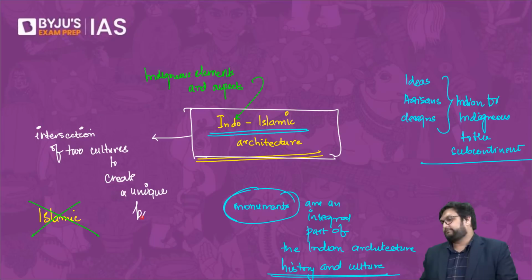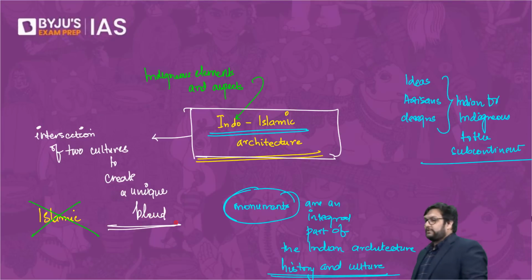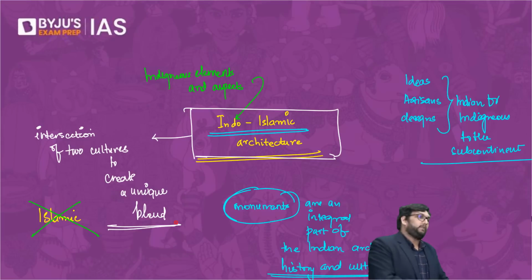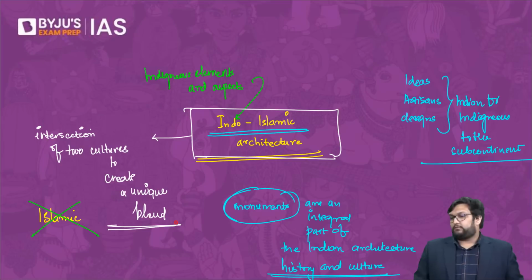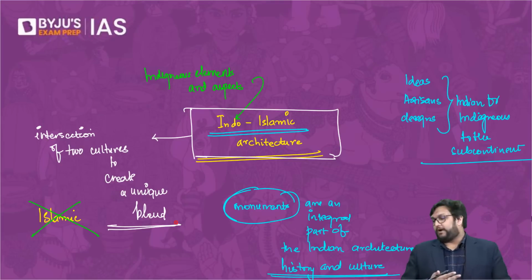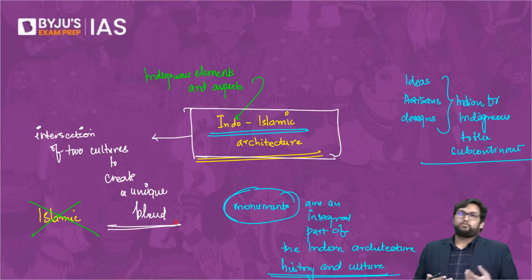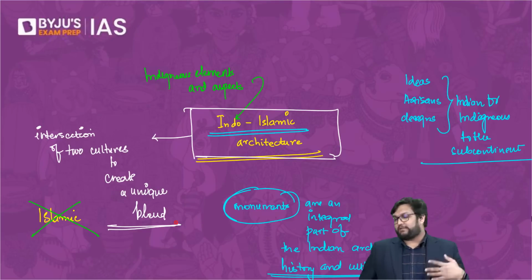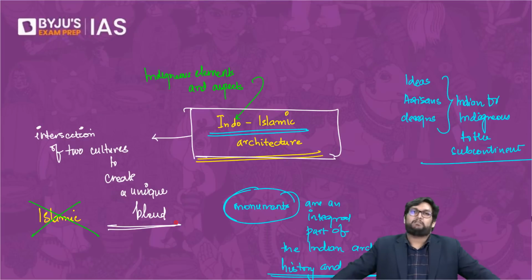A unique blend. This should be totally clear in your mind, because some of you have either myths or notions or ideas which have been picked up from popular imagination. So, if you, for example, call Humayun's tomb or Taj Mahal or the Qutub Minar as an othering, as a representation of someone else's culture, you are basically falling into the trap of the British communalistic argument, and you have basically lost the plot already.